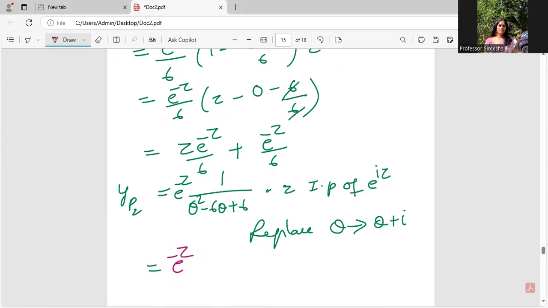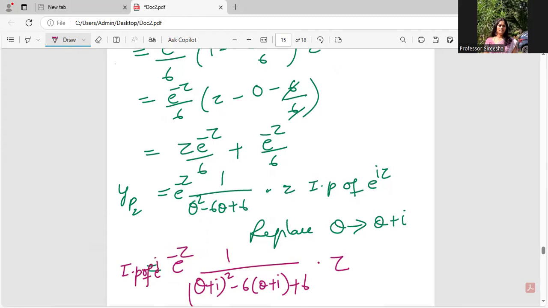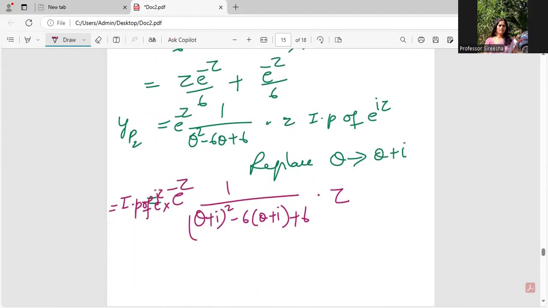e power minus z is there. 1 by (θ plus i) whole square minus 6 into (θ plus i) plus 6, into z, imaginary part of e power iz. I have taken e power iz out because it has been operated already, right? So the imaginary part of e power iz is there into e power minus z.